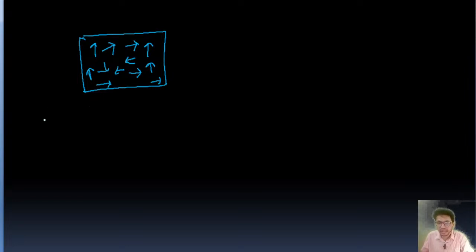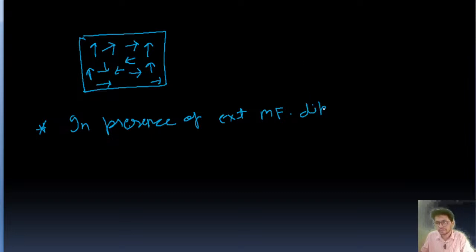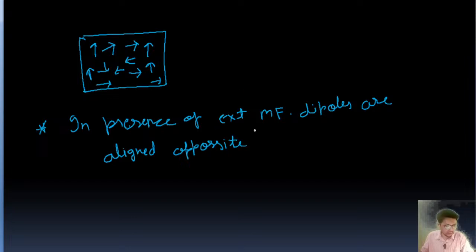So when we apply the magnetic field on the diamagnetic substance, in presence of external magnetic field, all the dipoles are aligned opposite to the direction of magnetic field.